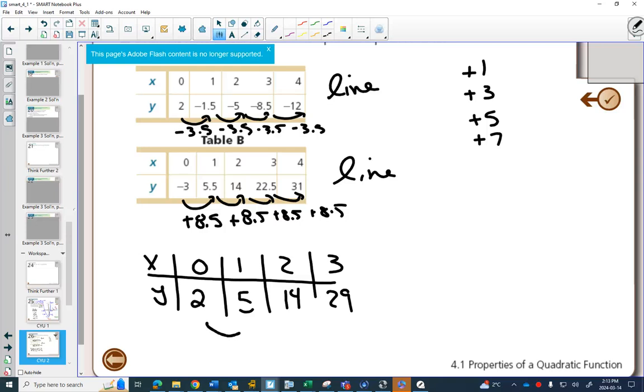Do you see that it goes up 3, up 9, and then up 15? How is that a little bit tricky?